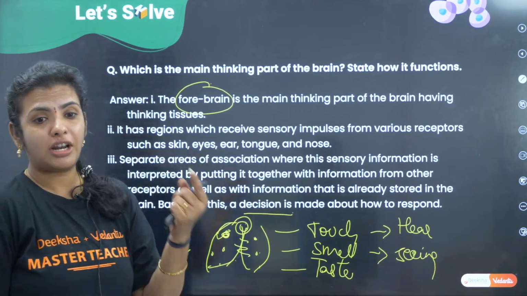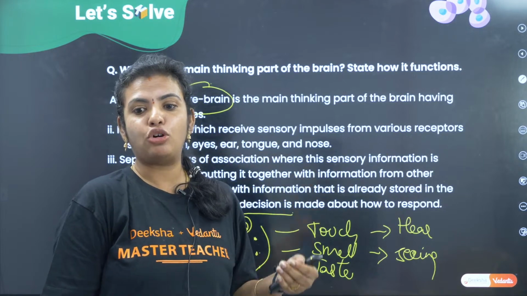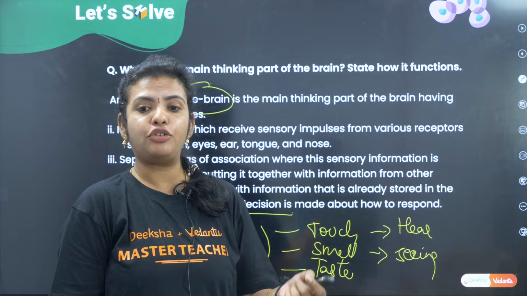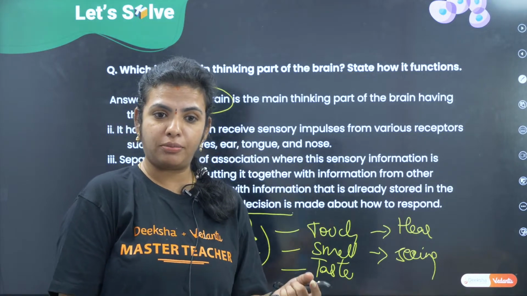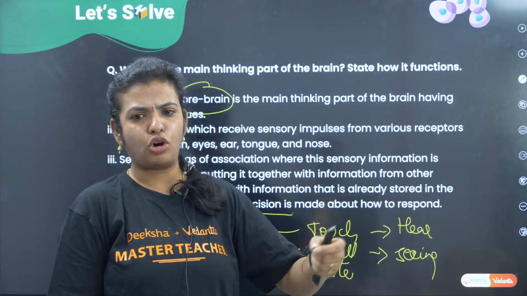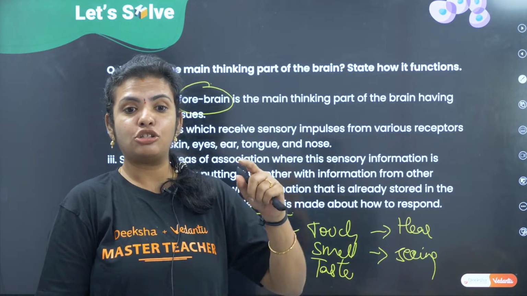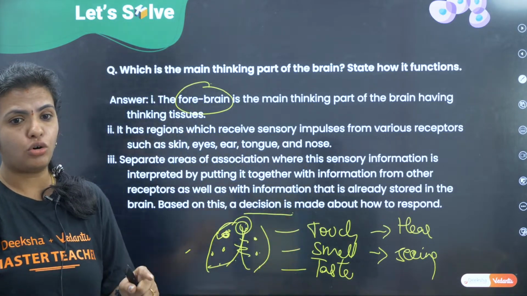Okay. How to respond? Let us say if it is a hot iron box, the response would be, please remove your hand. Okay. So, if you are tasting food, it will give you information, okay, you have to add this, or this is less, this is more, maybe salt is more, salt is less. So, it gives your mind an analysis of how to respond.